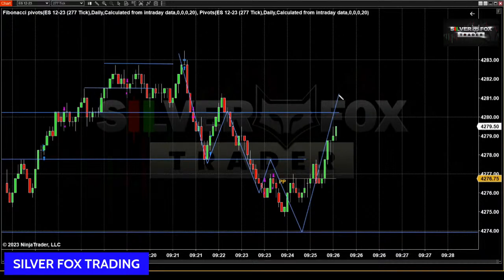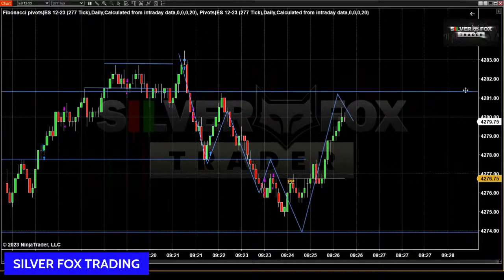All this here has to be retraced. And it can only go to 81 anyway. So that's your target. 81 would be your target, and then it would start selling off here.